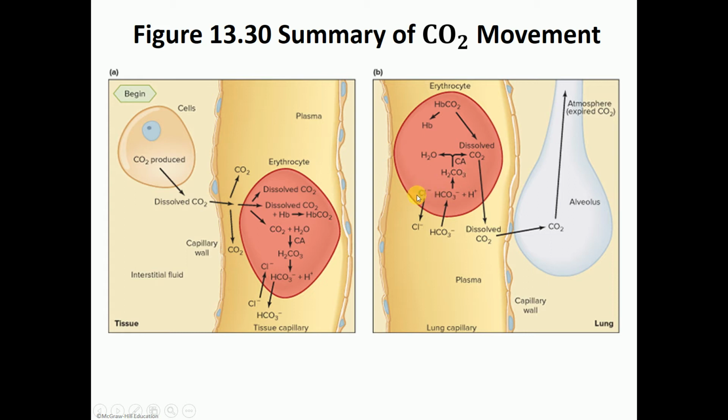So chloride ion will leave the RBC, the bicarbonate ion comes back in and combines with the hydrogen ion to make carbonic acid. Then it breaks down into a water and carbon dioxide molecule. Now this is a free carbon dioxide that has the ability to diffuse out of the red blood cell and then through the capillary into the alveolus to be exhaled.